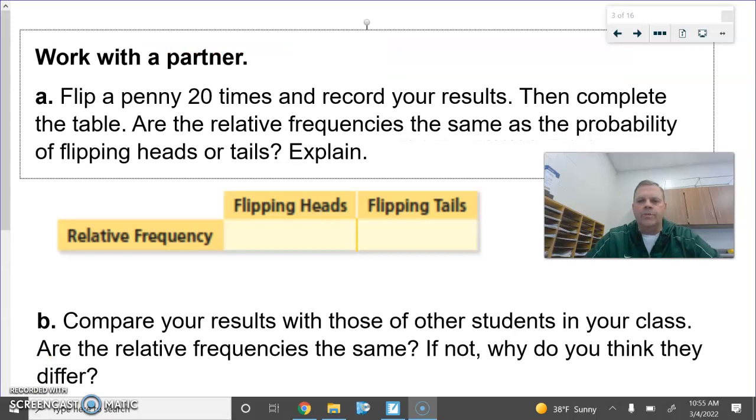So one of the things that I know we've done in the past is we've flipped a penny a certain amount of times and we've recorded the results. And when I've done this in the past, there was one group that I had 217 heads, 223 tails. And that gave us 217 out of 440.